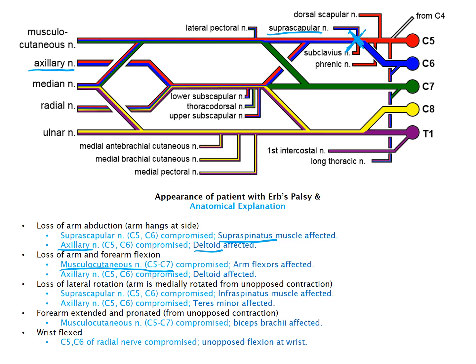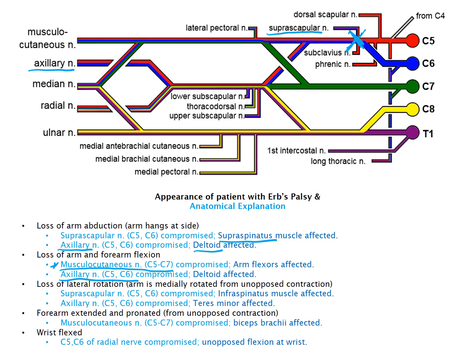To a much lesser extent, the deltoid muscle also assists in flexion of the arm, and as we already know, that's innervated by the axillary nerve, which was compromised in this instance because it's innervated by C5 and C6 as well. The musculocutaneous nerve also innervates the brachialis muscle and the biceps brachii. Both of those muscles participate in forearm flexion, and so as such, you would have difficulty flexing your forearm if you had Erb's palsy.